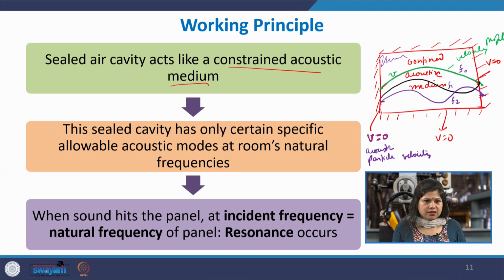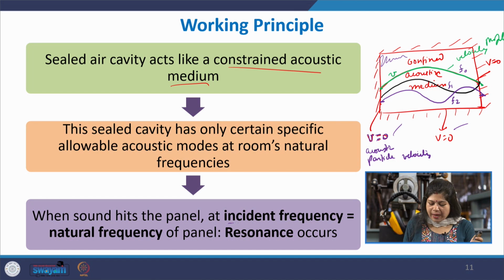It will only get excited at certain frequencies which match with the allowable frequencies of its medium, which satisfy this particular condition here. Only at those frequencies, whenever the sound wave is hitting, suddenly the acoustic medium is going to get excited, and the sealed cavity will undergo a large amount of pressure fluctuations and particle velocity fluctuations.